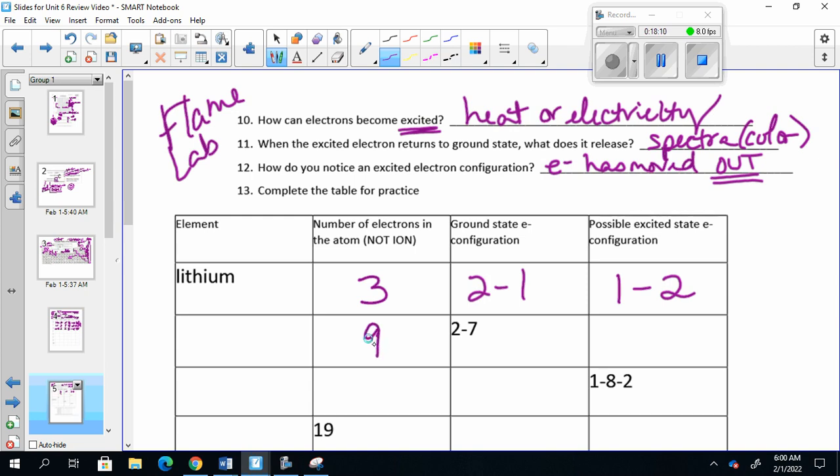All right, 2-7, 7 and 2 adds up to 9. I look up what element 9 is, and that's fluorine. So possible excited could be 2-6-1. It only had 2 rings. Now it could have 3 rings. And we write possible because you also could have said 1-8 because it hasn't filled that ring yet.